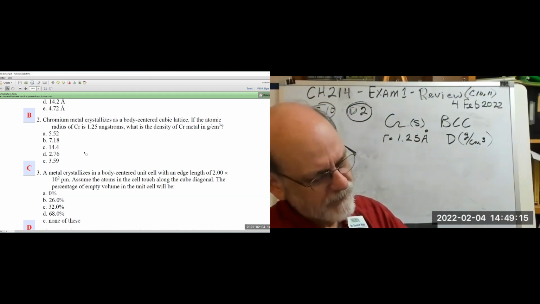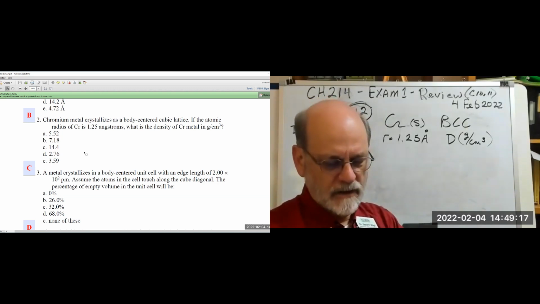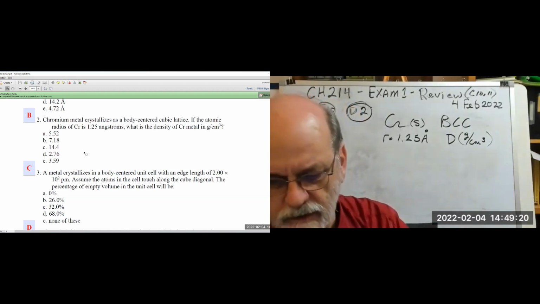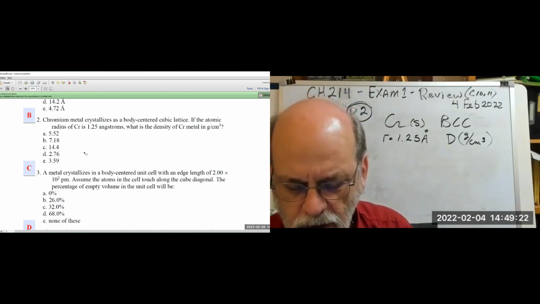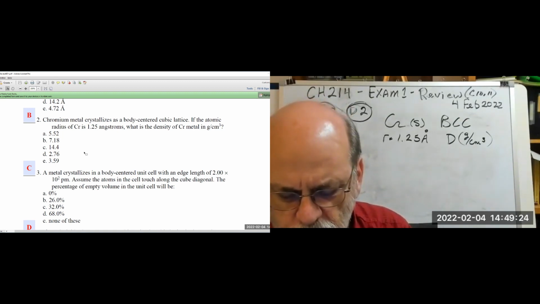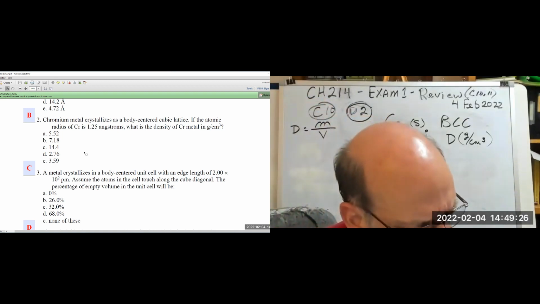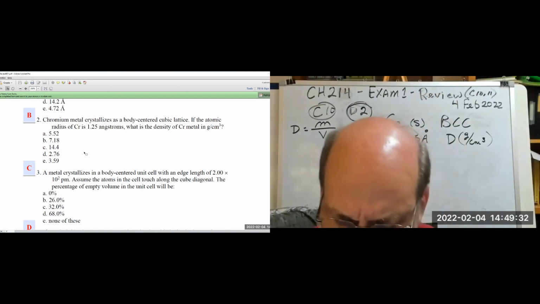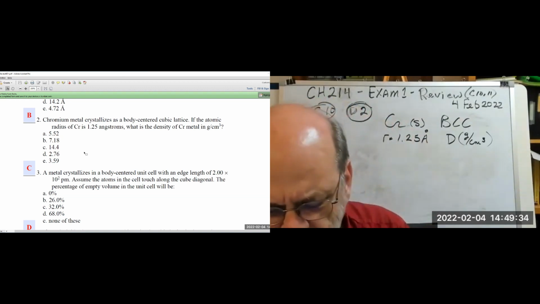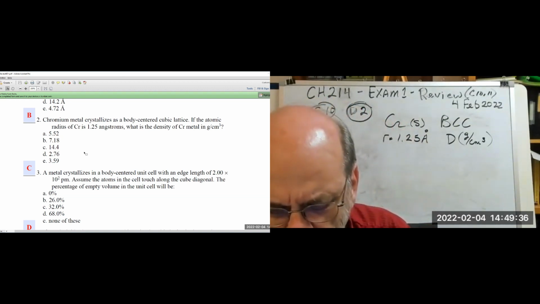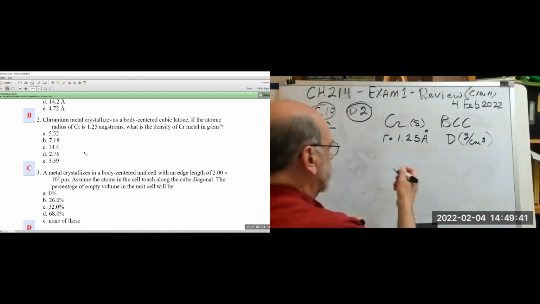BCC, the edge of our cube is equal to 4r divided by the square root of 3.